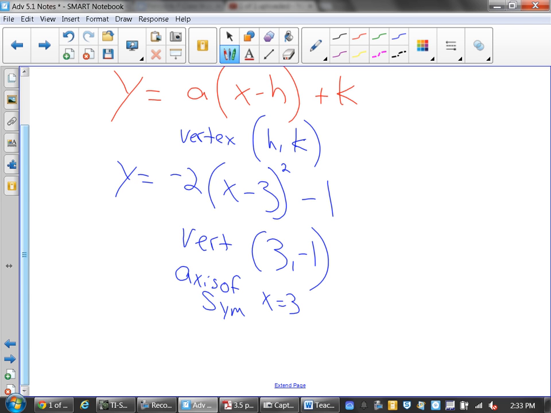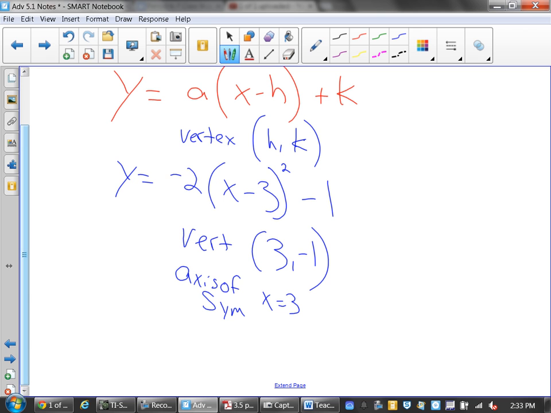What's nice about vertex form is that it's giving you your vertex and axis of symmetry right away. The a value tells you if it's positive or negative. So here my a value is negative, so what direction is this opening? Down.